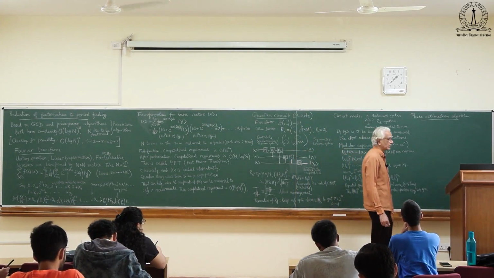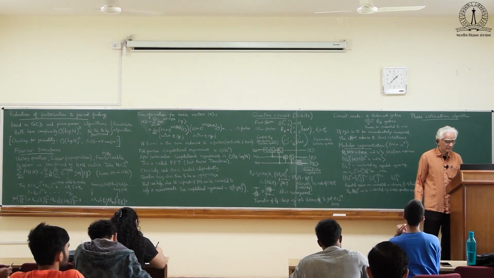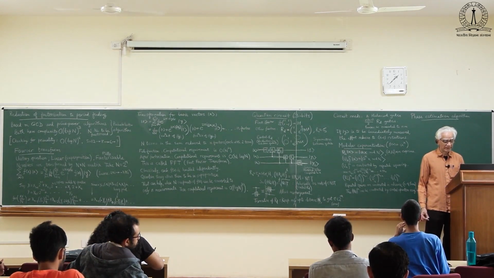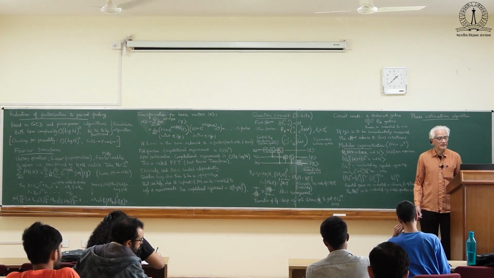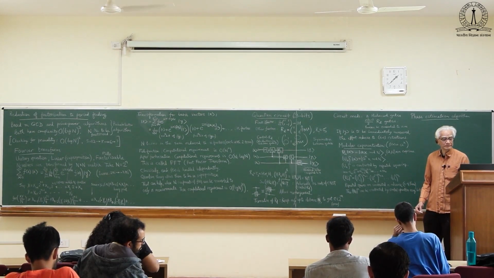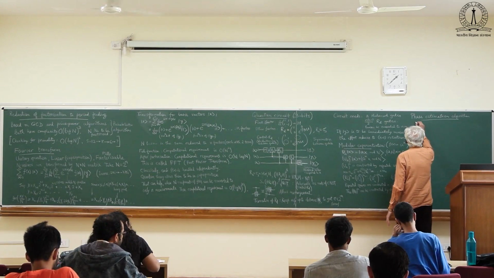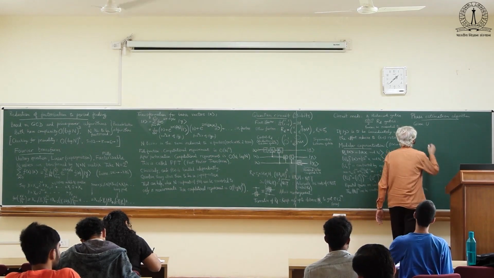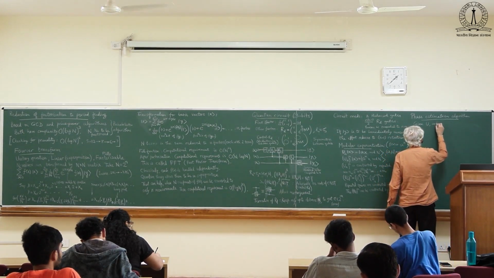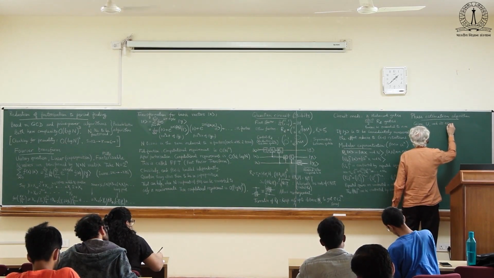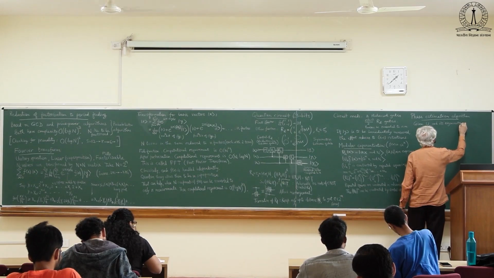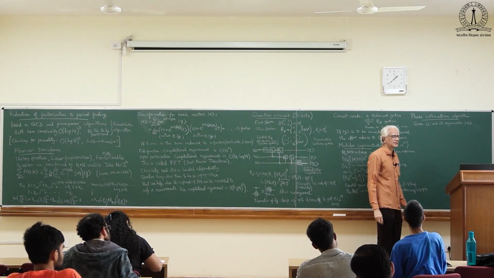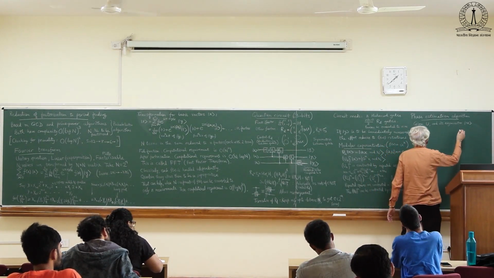Okay. So what is the problem? The problem can be phrased very simply: you are given this matrix U, and the eigenvector of U is given as well.